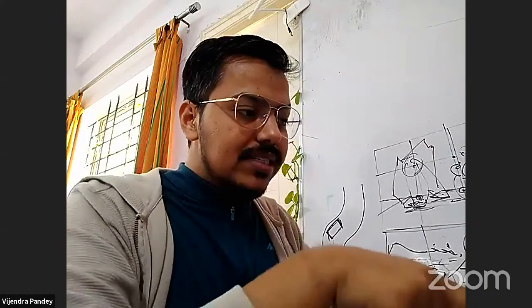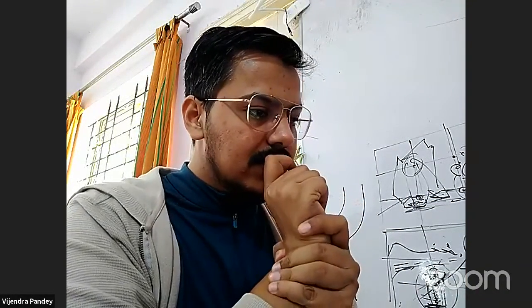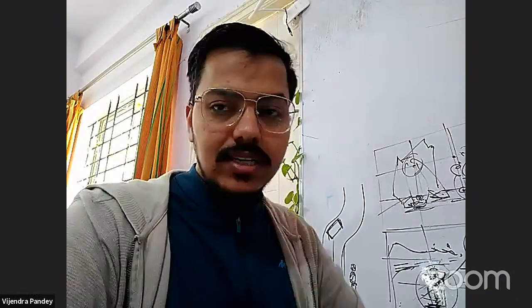Now all of you can see what kind of mistakes you have made in your drawing. Kunal, what kind of mistake have you made? My eye level is a bit above. Eye level has gone a little bit weird.